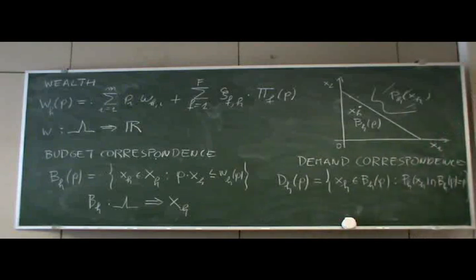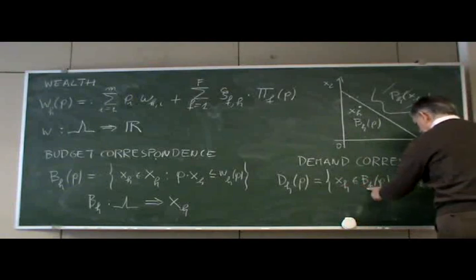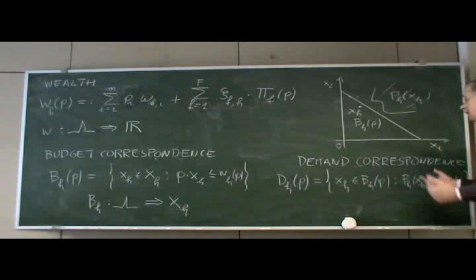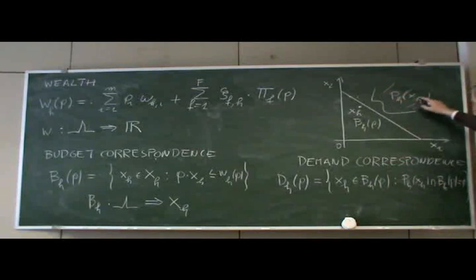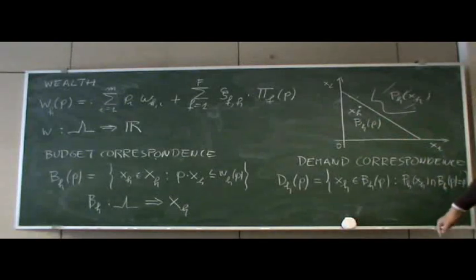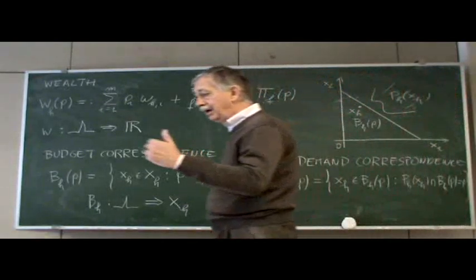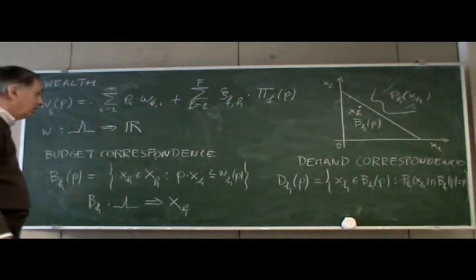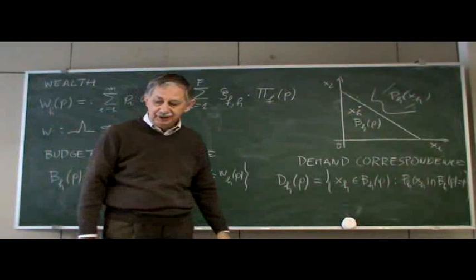Is it clear? A bundle XH which belongs to the budget constraint will be demanded if and only if the intersection between its preferred elements and the budget constraint itself is empty. There is no better alternative in the budget constraint with respect to this XH.